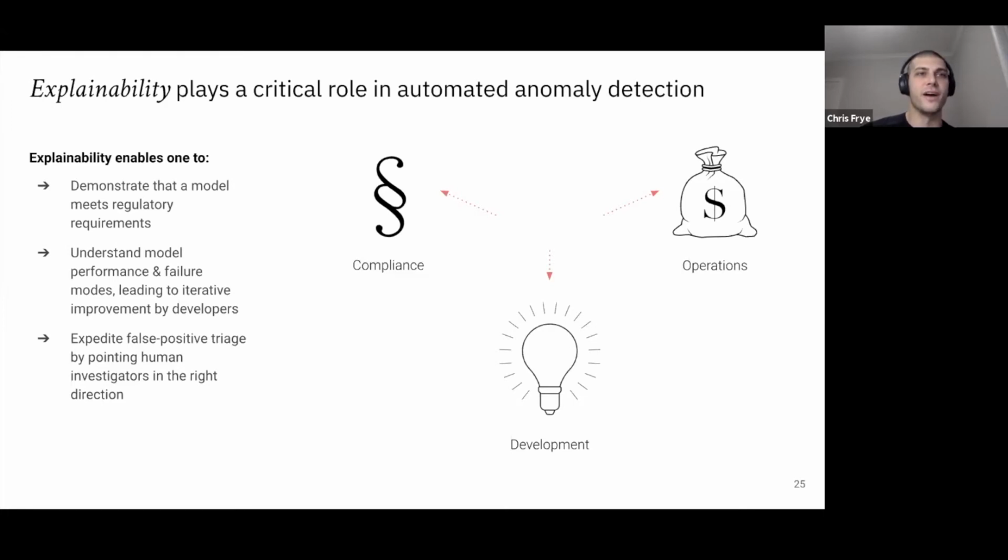It can be used by developers to understand model performance and failure modes in order to make iterative improvements to the model. And perhaps most importantly, in the context of anomaly detection, good explainability can expedite the false positive triage process by pointing human investigators in the right direction as they check whether a particular event was truly anomalous.